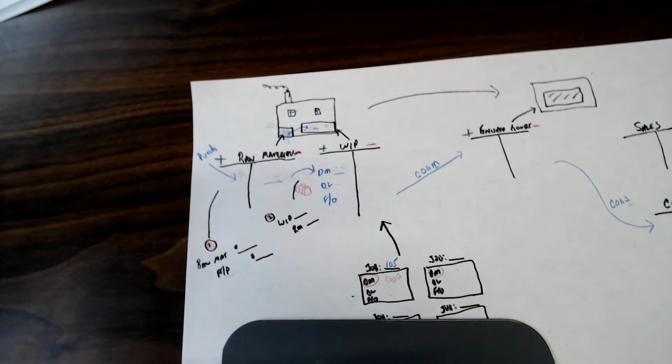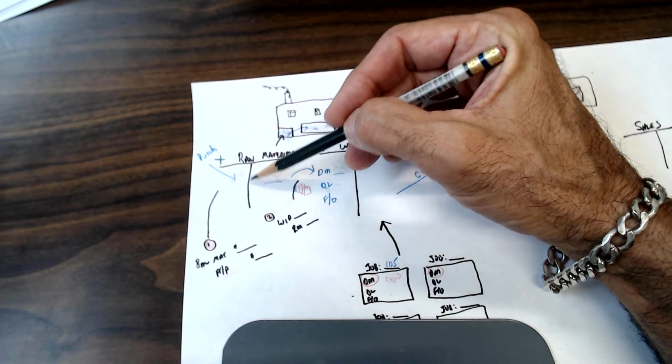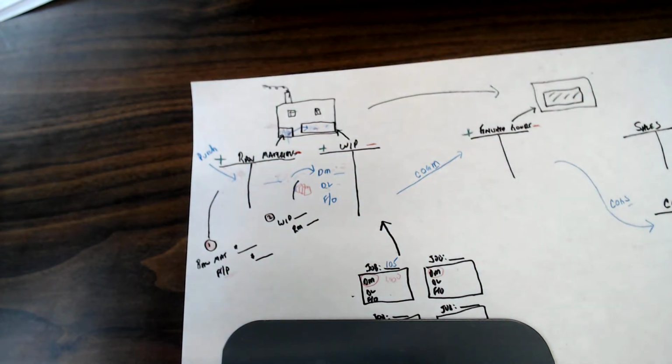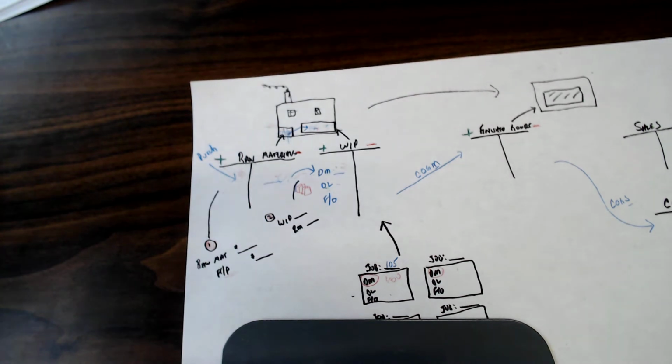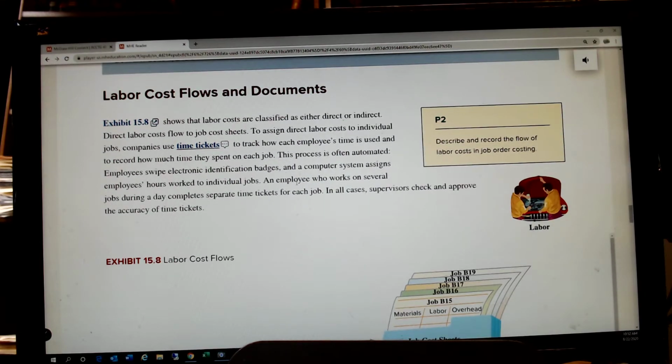Well, now labor is a little bit easier because we cannot inventory labor. It's not like materials where I stock up on labor and then I use it. It's just used. Time is something you cannot inventory. So now imagine that as employees work throughout a period of time, they're going to be clocking in on time cards or time tickets or somehow, some way, and keeping track of their time.